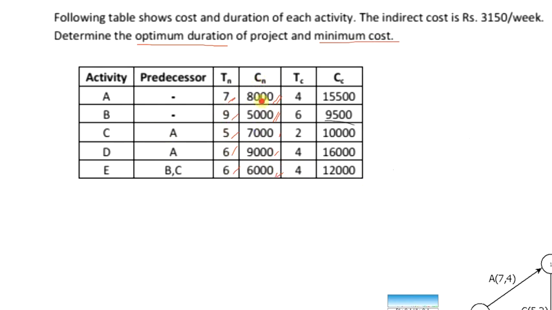Cn is the normal cost, and this is the crash cost. Tn is the normal time duration and Tc is the crash time duration.